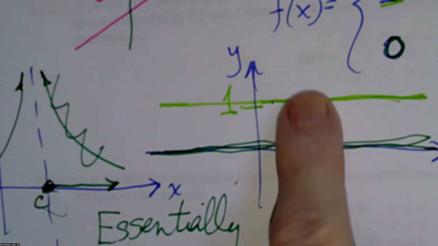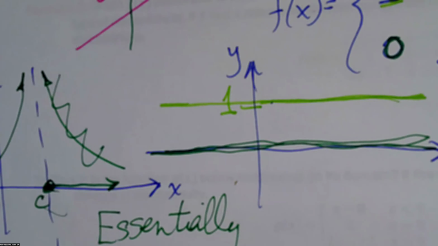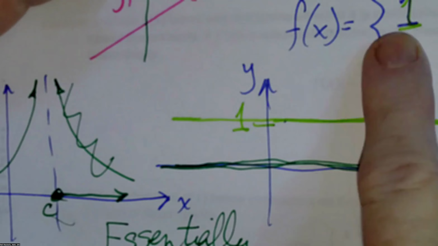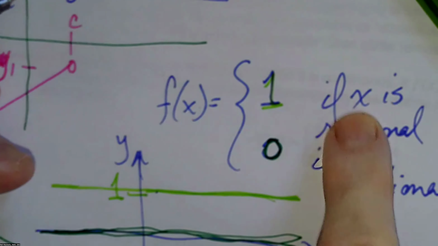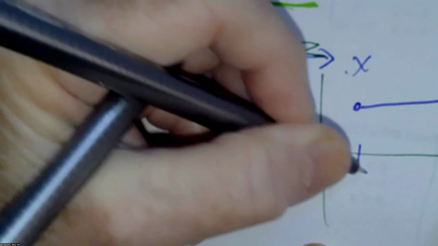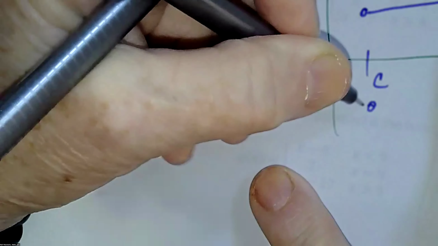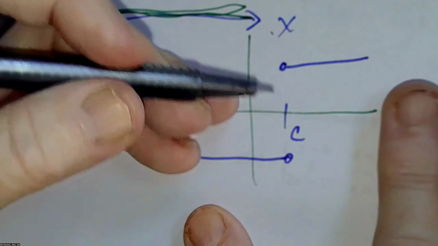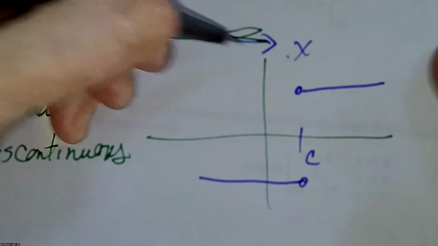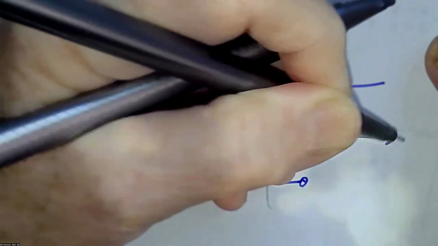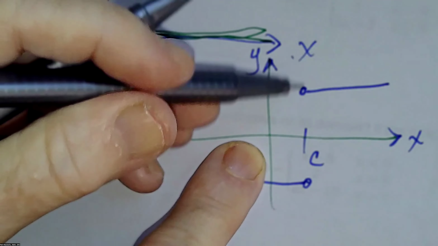The reason that we say a jump discontinuity isn't as bad is that, except in the case of a function like the one I just sketched, where it has one value if x is rational and another if it's irrational, we can imagine taking the graph, cutting it at c and shifting it up.